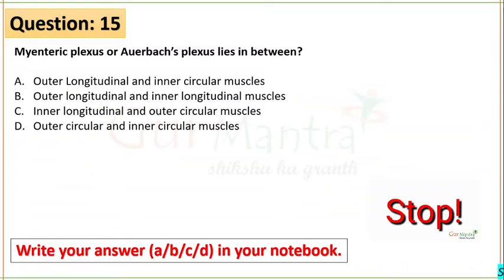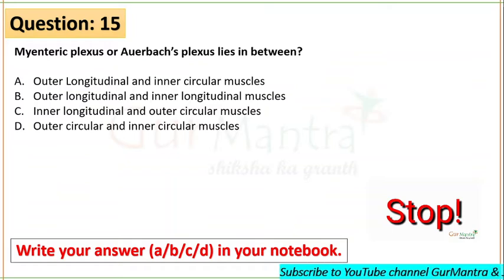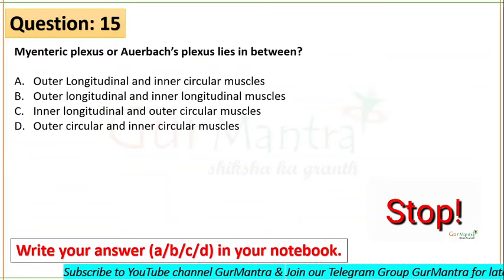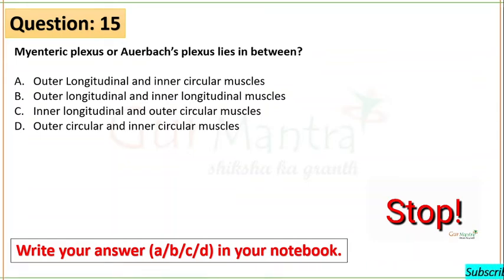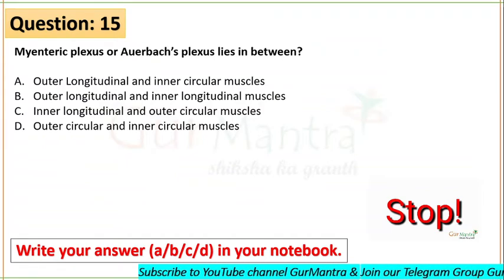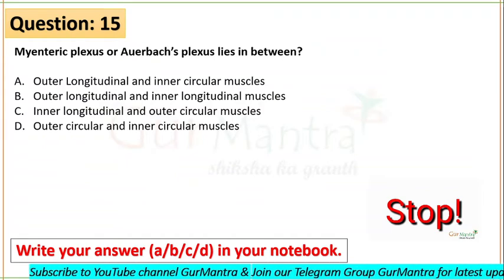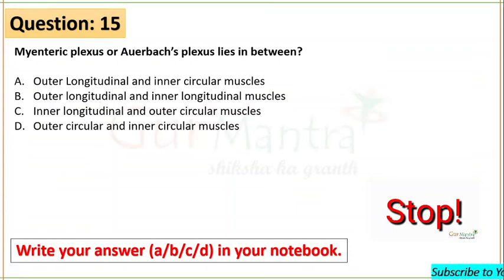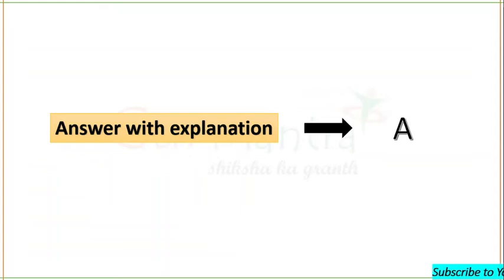These play an essential role in the mechanical processing and in the movement of material along the gastrointestinal tract. And between the inner circular layer and the outer longitudinal layer, another nerve network is present, which is called the myenteric or Auerbach plexus. So A is your right option. Next question is on your screens.